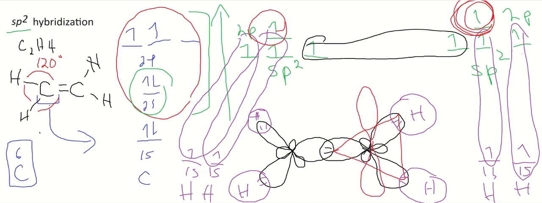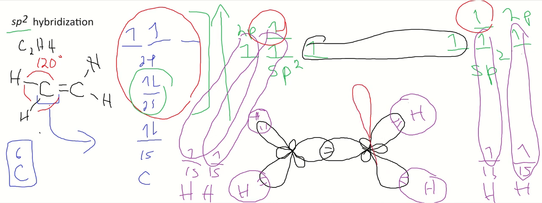It's like, all right, if this triangular plane here is going horizontally through your screen, this p orbital is going up and down on the screen. All right, so I'm going to draw that. All right, and then this p orbital here is like that.